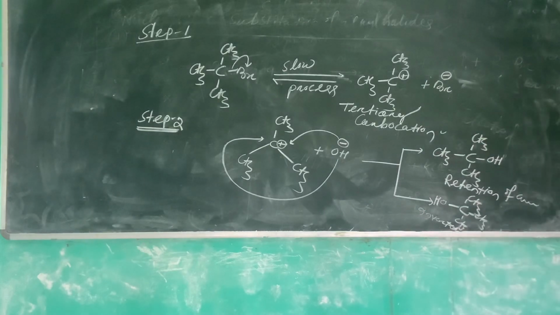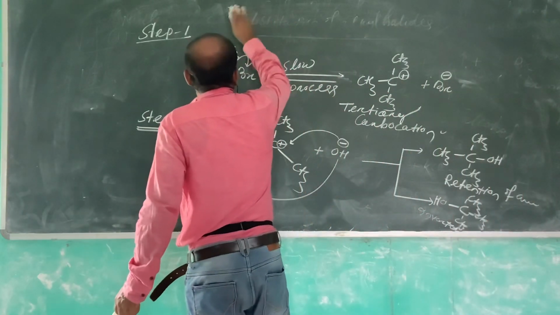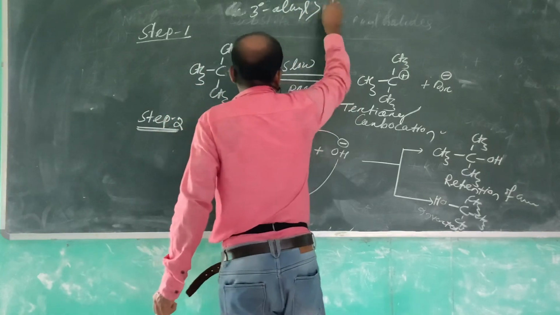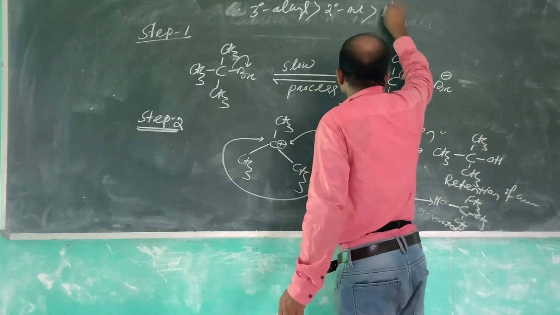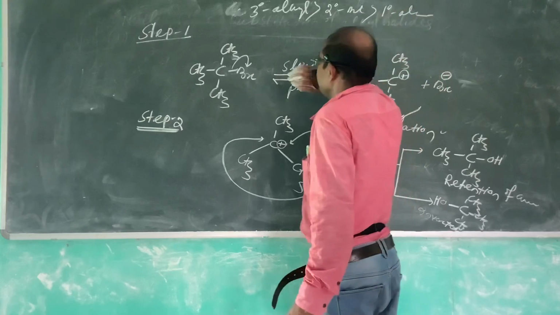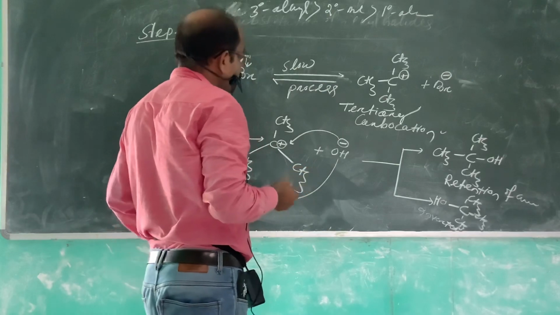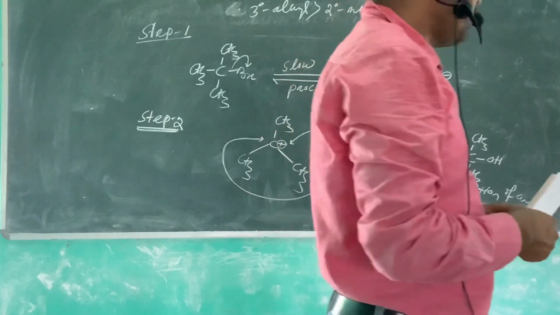The order of reactivity of different alkyl halides towards the SN1 reaction is tertiary alkyl halide greater than secondary alkyl halide greater than primary alkyl halide, because the tertiary carbocation is more stable than secondary as well as primary carbocations.